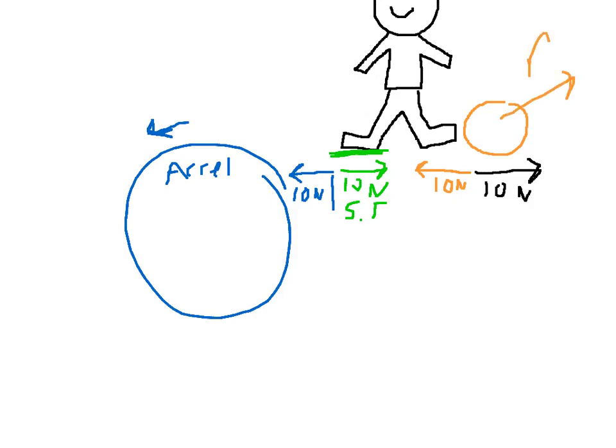So the ball accelerates and the earth accelerates. But here's the deal. The mass of the earth is huge. So it has a lot more inertia. So yes, it accelerates, but just a little bit, a little acceleration, whereas the ball accelerates a lot.